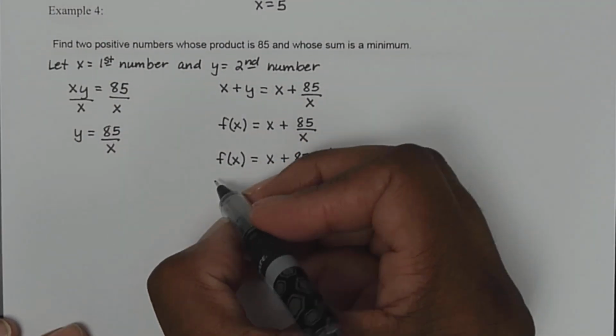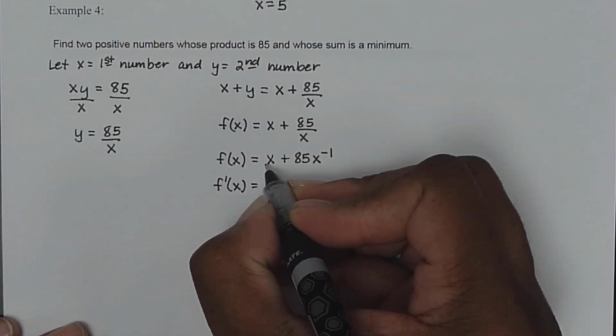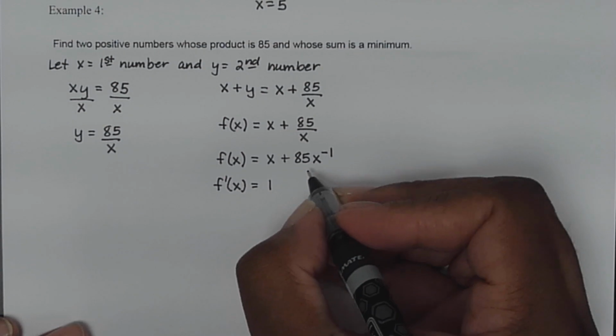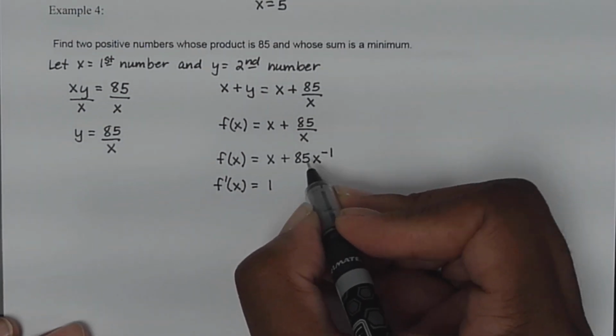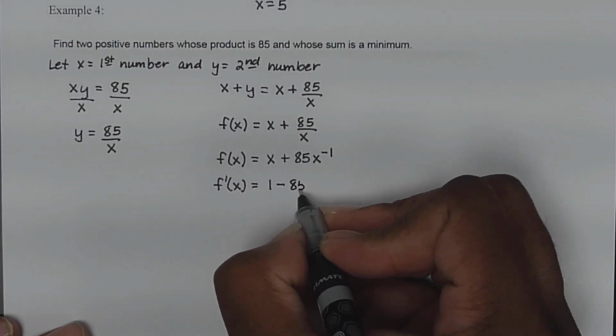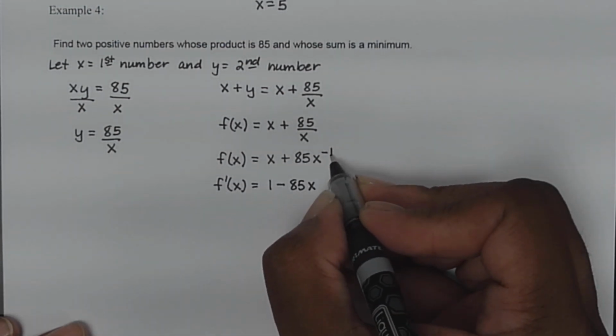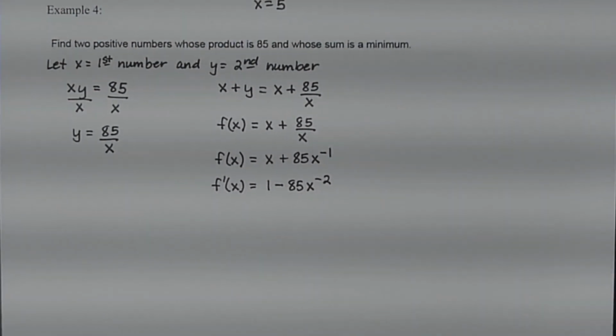So now, let's take the first derivative. The derivative of x is going to be 1. The derivative of 85x to the negative 1, if I bring the negative 1 down, multiply by the 85, I have minus 85. Copy the x over to the 1 less power. That's negative 1 minus 1, that would be negative 2.